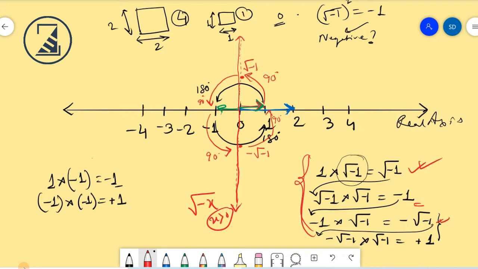This is why in our books the imaginary axis is taken perpendicular to the real axis, and this is the logic, but I don't think it's written anywhere in normal textbooks.